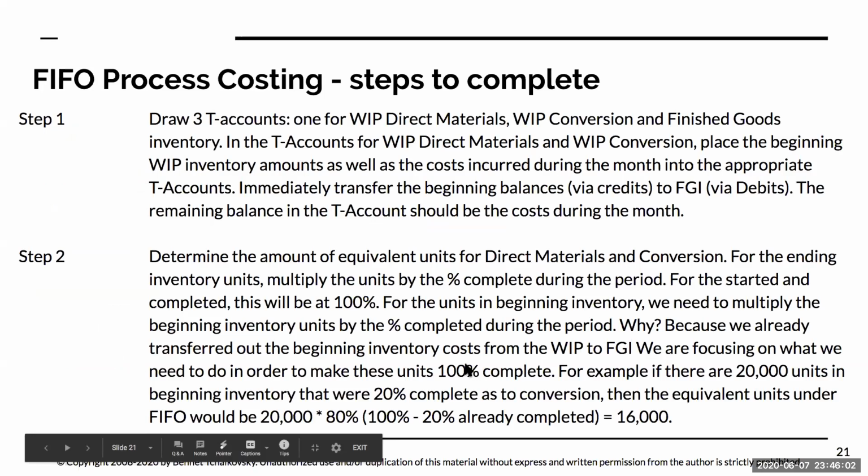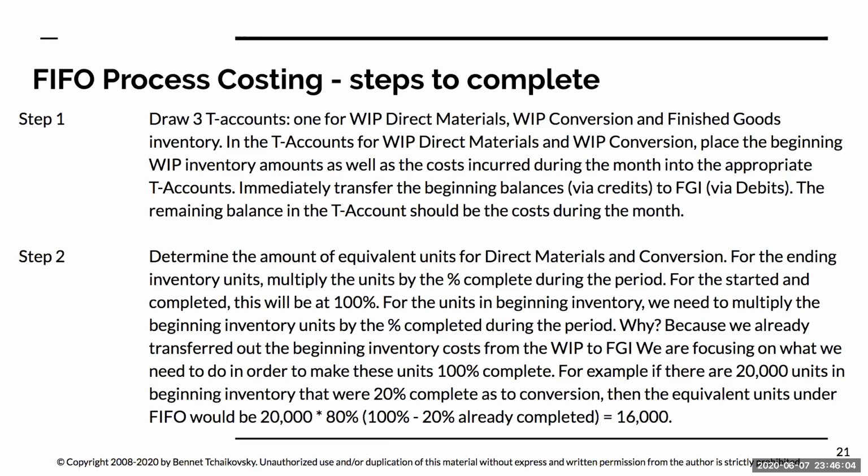So with FIFO process costing, here are the steps we're going to do to complete the question. The first thing we're going to do is draw 3 T accounts: one for direct materials, one for work in process conversion, and one for finished goods inventory. That is the same as what we were doing for weighted average.